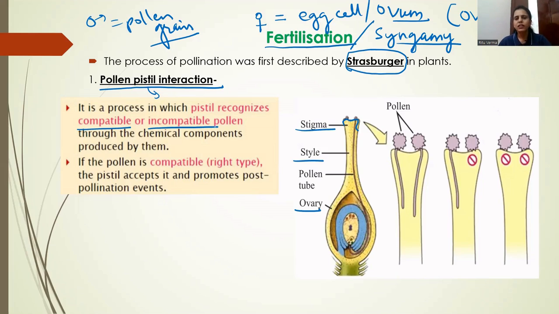For example, a pollen grain of a marigold flower has fallen on the stigma of a rose flower, or maybe on the stigma of a hibiscus flower. What will happen here? The pollen grain becomes incompatible because it belongs to a different species.